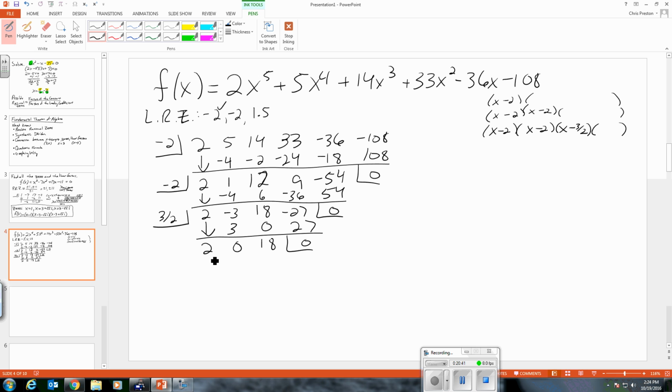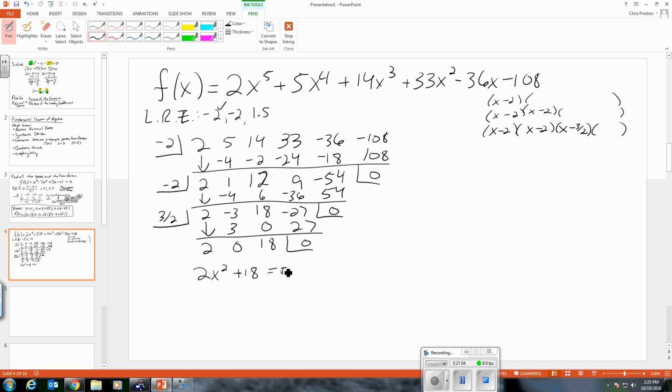And now I have this, which is, remember I start with x to the 5th. Every time you divide using this synthetic division, you knock this down by a power. So I start with x to the 5th, now I'm x to the 4th, now I'm x to the 3rd, now I'm x to the 2nd. So now I have 2x squared, no x term, plus 18. And set that equal to 0.